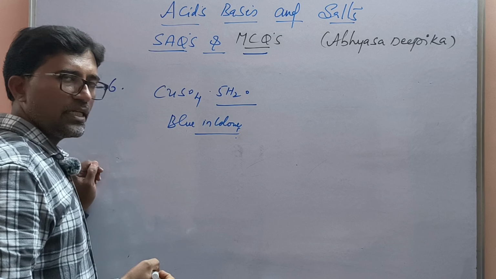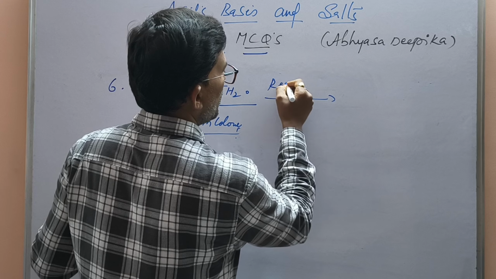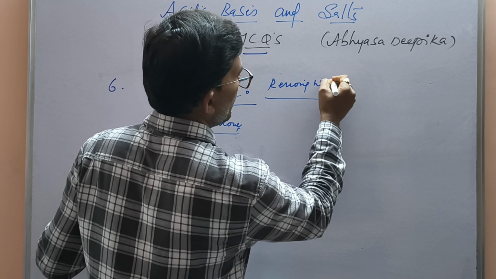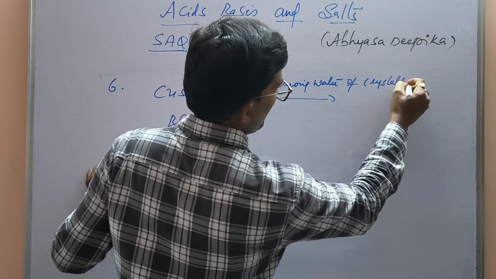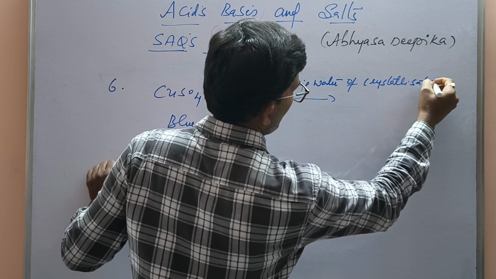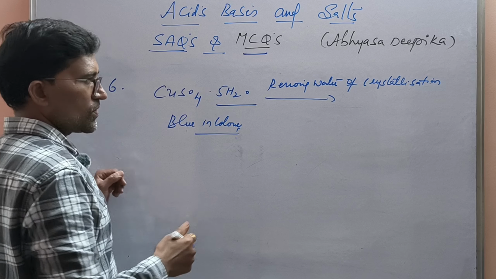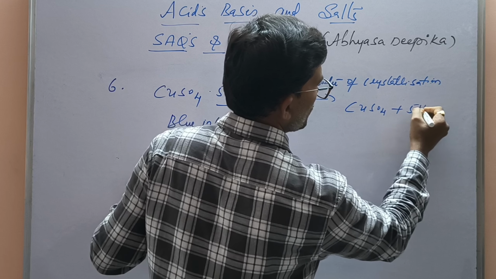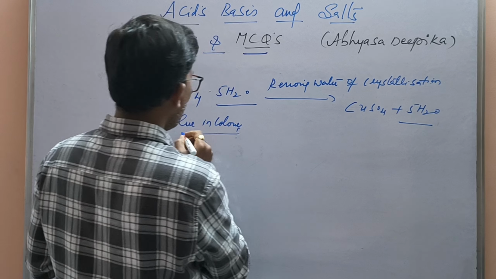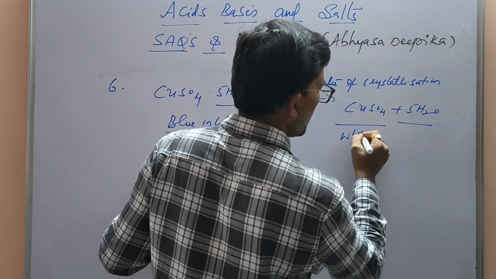After performing the activity, this copper sulfate salt loses 5 molecules of water, CuSO4 plus 5H2O, and the blue color copper sulfate salt turns into white color.